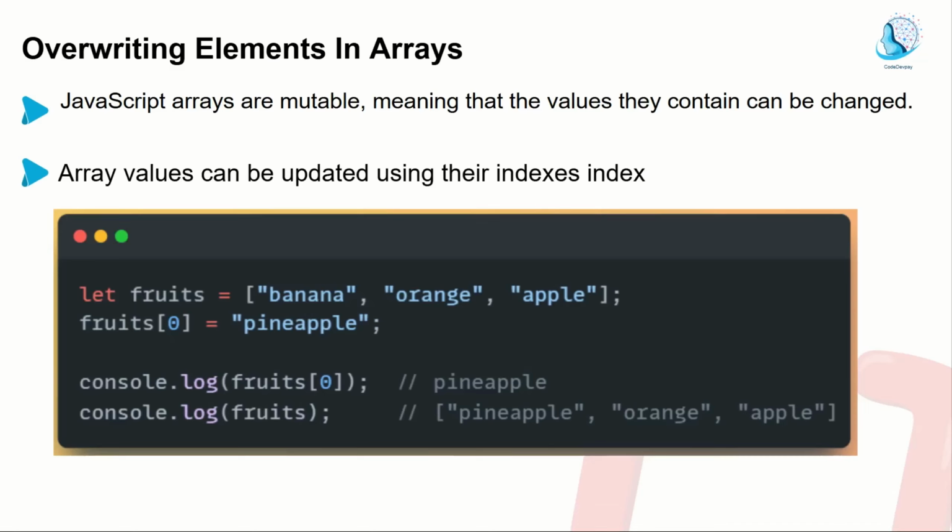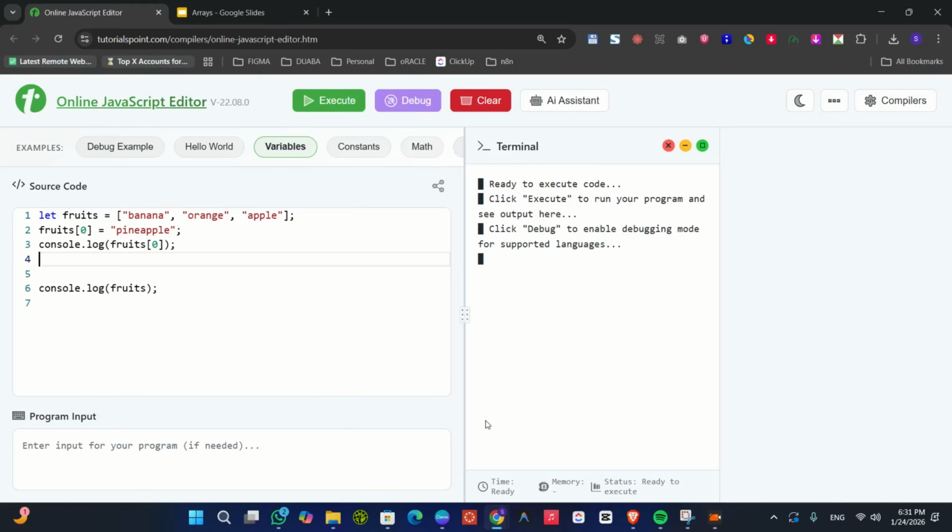In JavaScript, arrays are mutable, which means that we can change the value of the items at any time. So we can update the values of an array using their index. So let's take a look at an example. So we have created an array called fruits, which is having the items banana, orange, and apple.